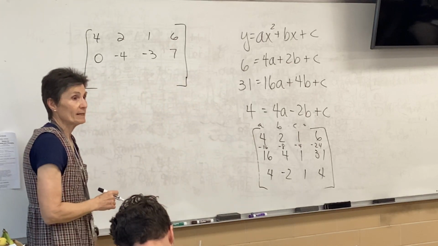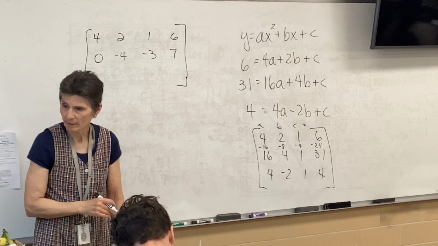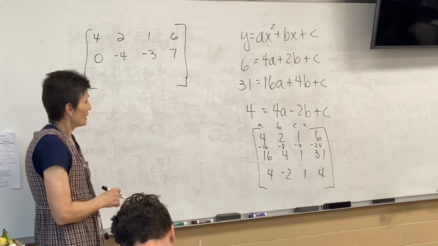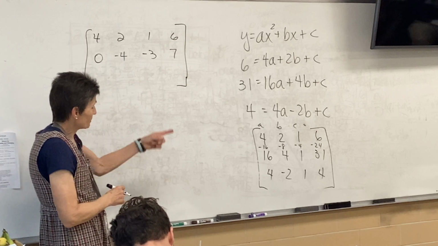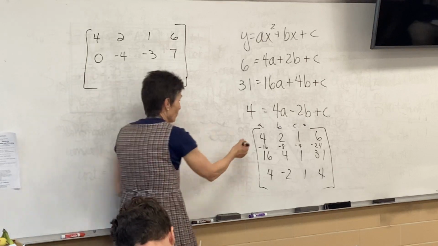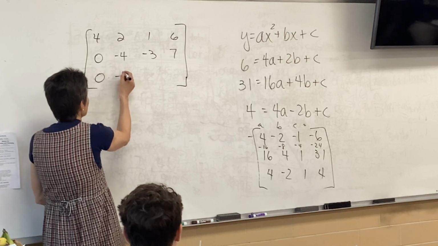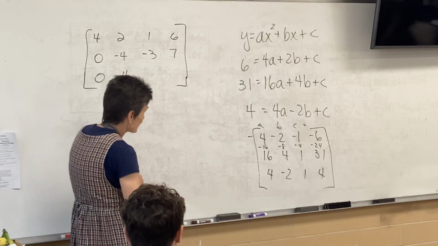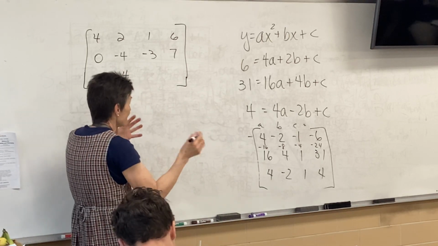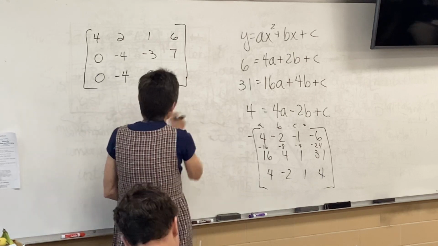Is that okay with everybody? And then I'm going to multiply the top row by a negative and add it, so I get 0. Oh, wow, this is so cool. I get 0, -4. Oh, this is amazingly cool. 0, -2.